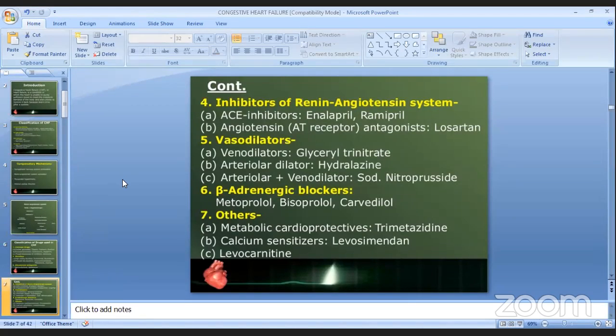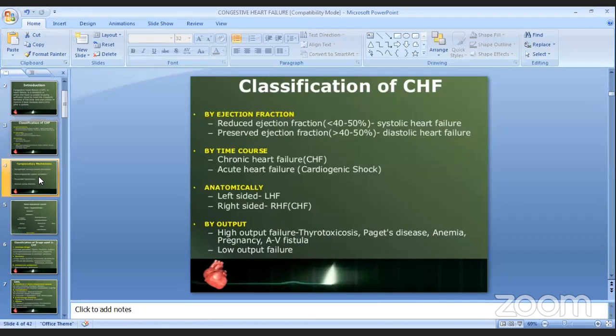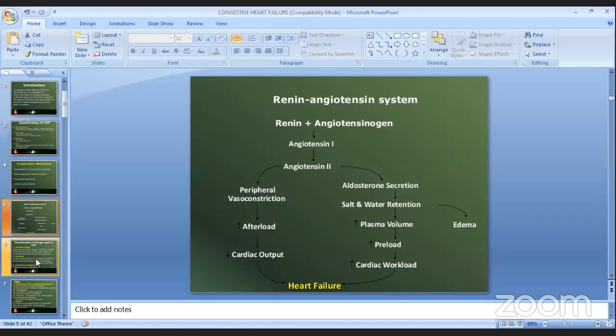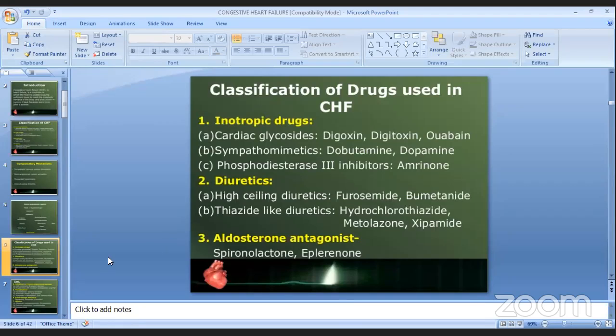Now I am asking you questions from this, that is cardiac glycosides.